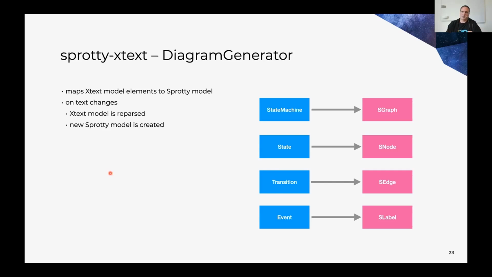And that model we use then to derive an S model that should be the representation of the diagram. And the component that does that is called the diagram generator. So this is something that I usually implement in Xtend, because it's very nice. Xtend is a nice language to do this kind of mapping, but any kind of JVM language will do.